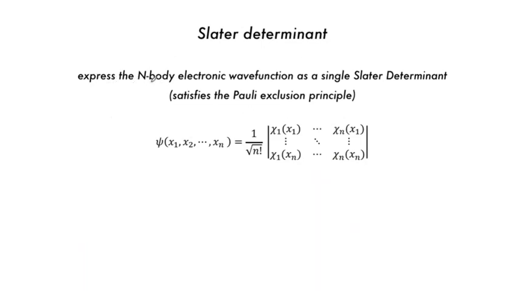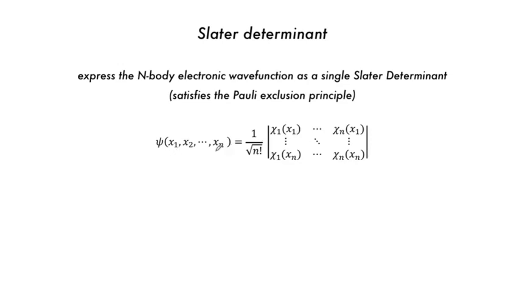So we can express the n-body electronic wave function as a single Slater determinant, which satisfies the Pauli exclusion principle. You can see here that if we have n bodies, so n electrons, x1, x2, and so on, each wave function can occupy all of the available positions.